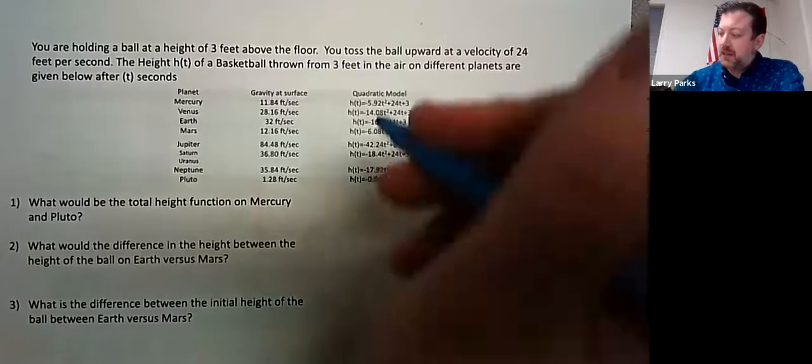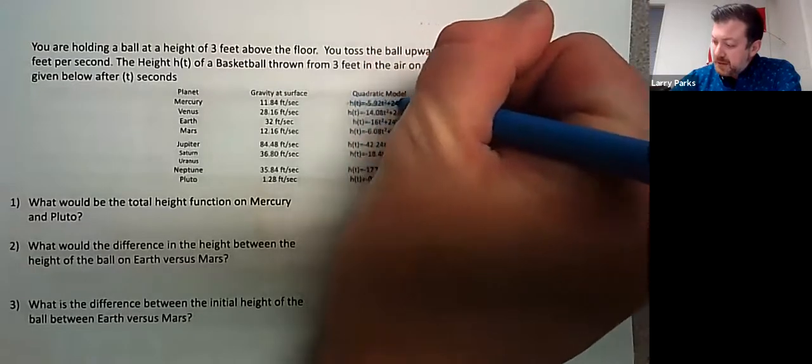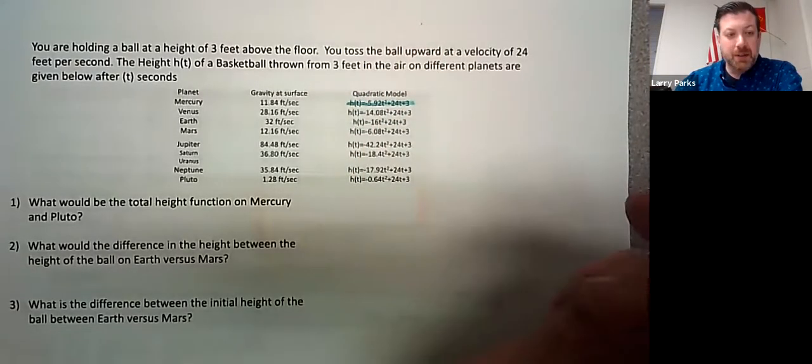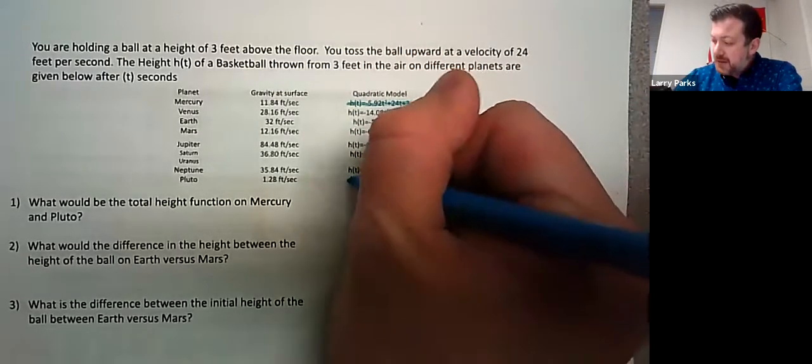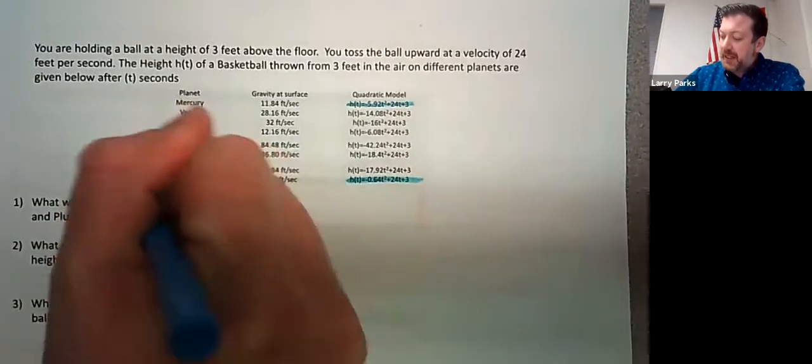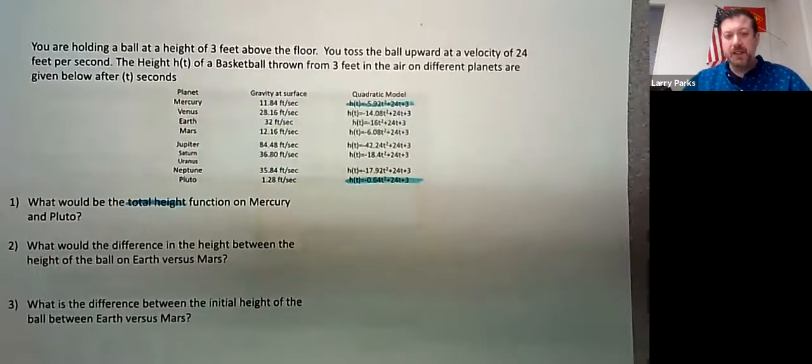So then I would go, here's Mercury. And then where's Pluto? Pluto's the last one. And they want the total height. So to find the total height, I'm going to grab a calculator here.